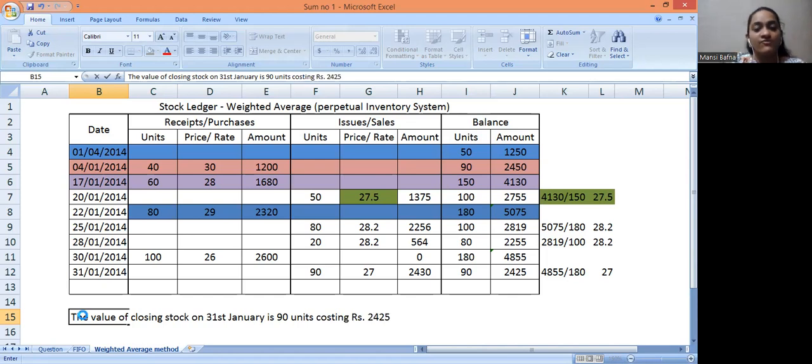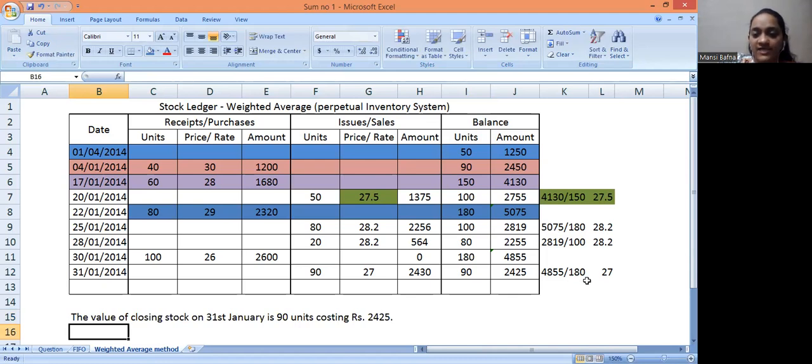So that is your value of the closing stock. These are the calculation of the rates which are written for the sale transaction. So with this, students, we've completed preparing the stock ledger under the FIFO method as well as under the weighted average method.